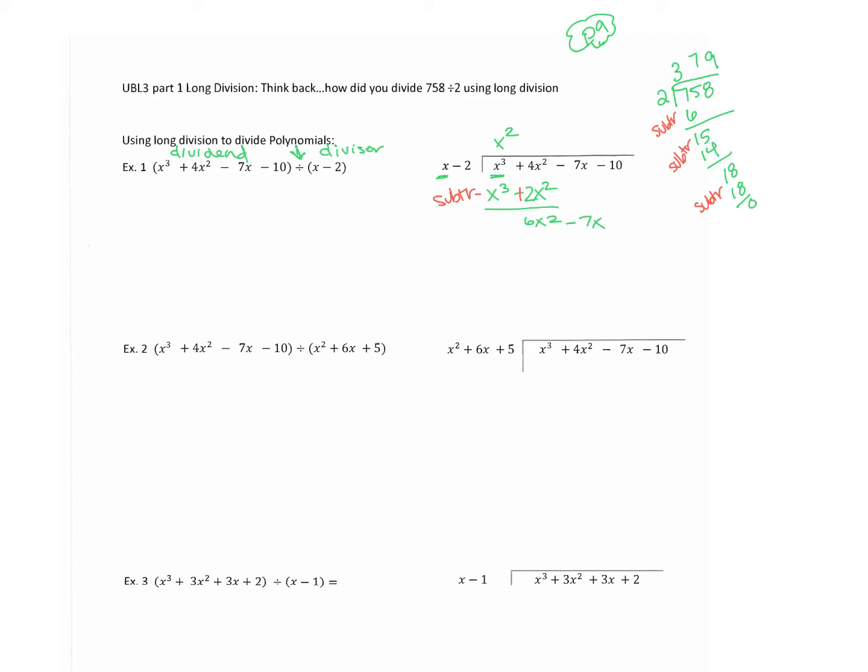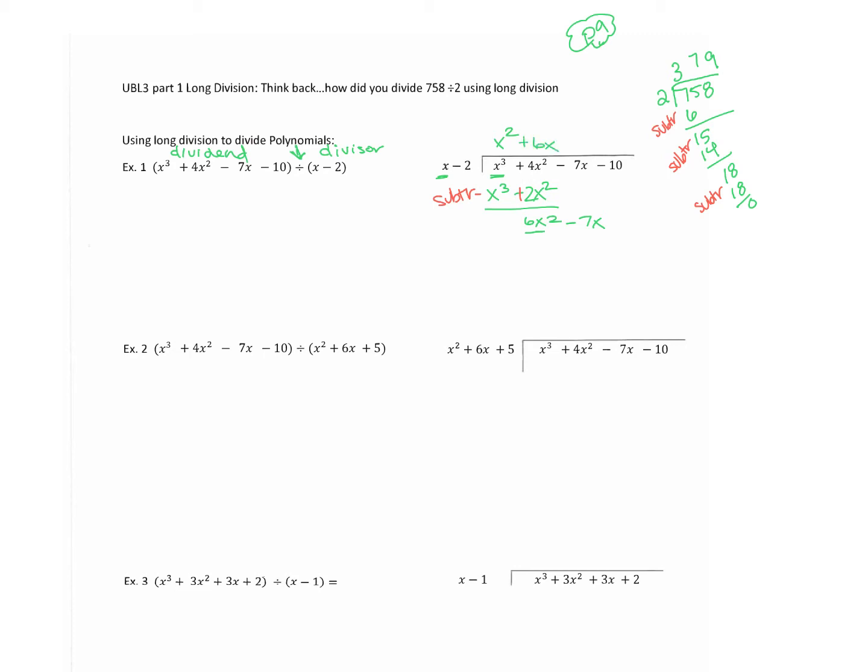I now have a 6x squared as my leading term. I need to think to myself, what do I need to multiply my green underlined x by to get this 6x squared? Well, I need to multiply it by 6x.